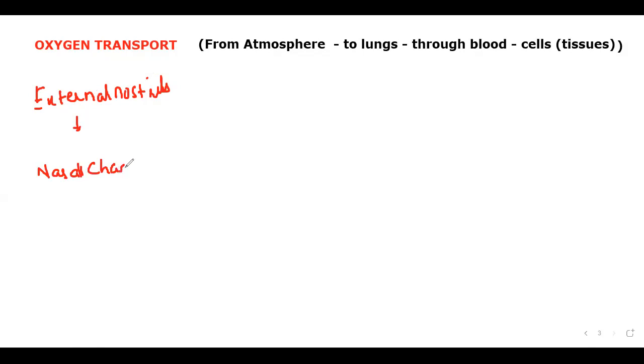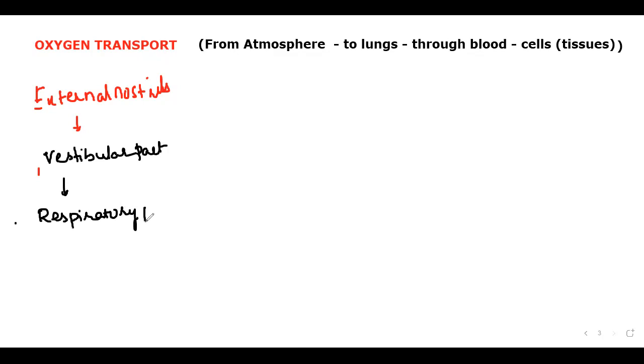Nasal chamber comprises 3 portions: the vestibular part first, below that the respiratory part, and below that the olfactory part.